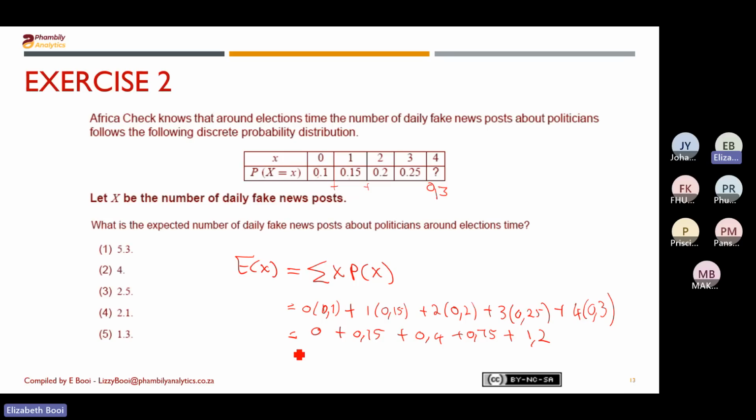What is the answer? I've made it easy for you. The answer is 2.5, which is option 3.